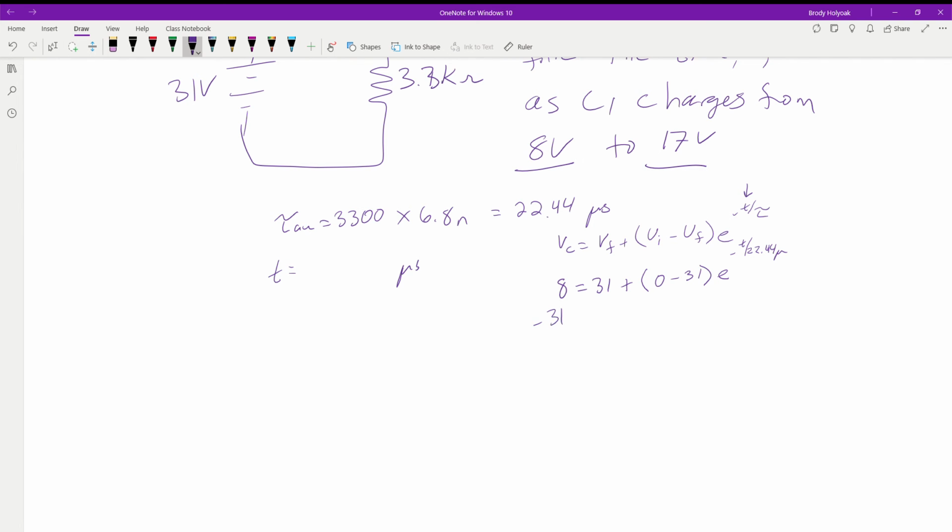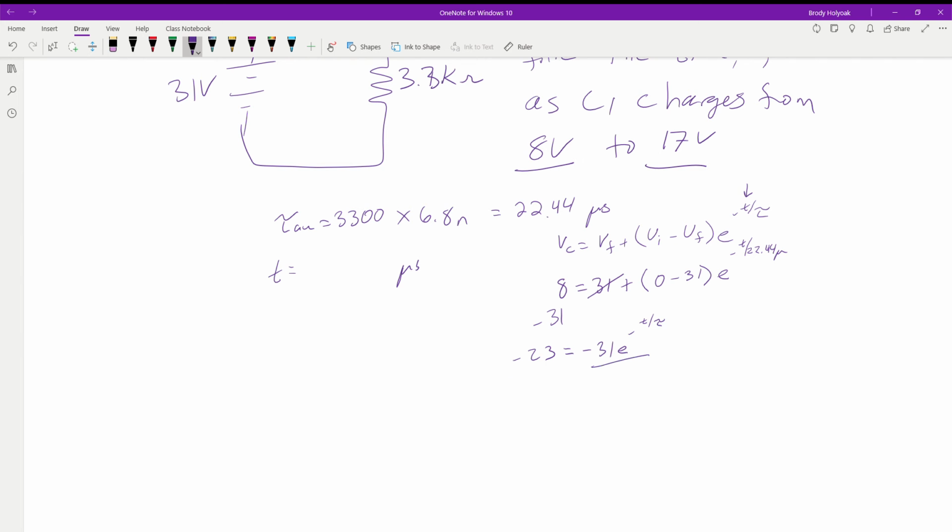So we use this, we subtract 31 from both sides. So we're going to get -23 is equal to -31 times e to the -t over tau. And we know what tau is, but I'm just going to leave it in this form so it's easier to write.